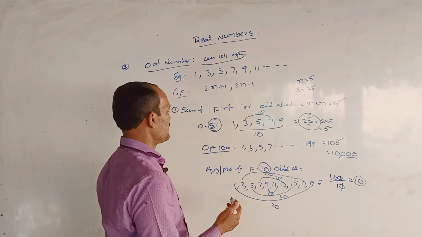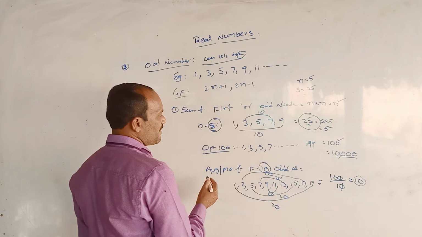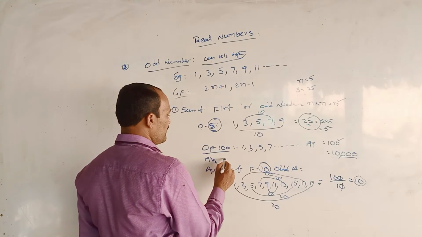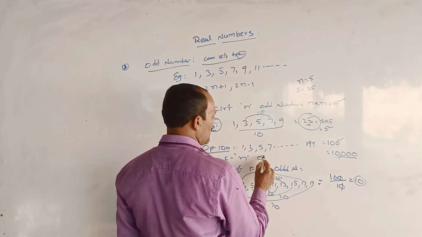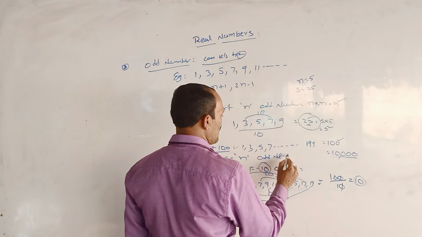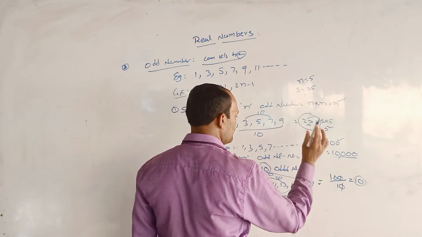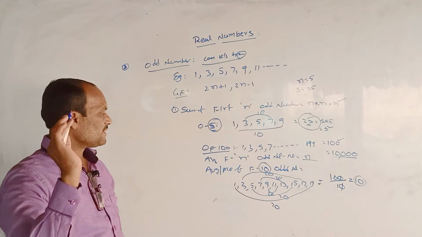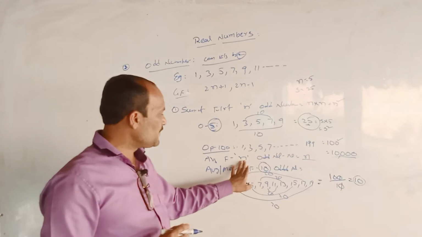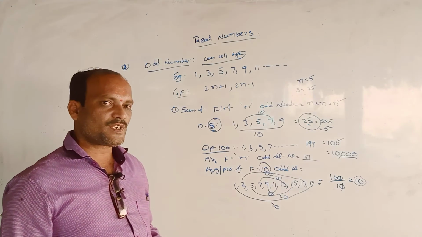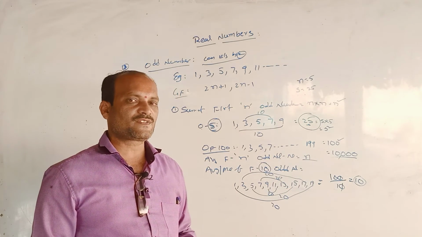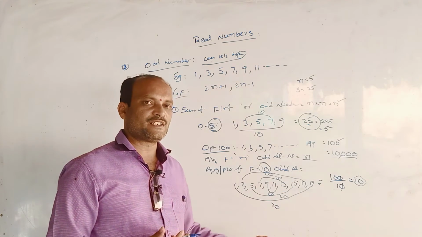That's like the average of first n odd natural numbers is equal to n. The average of first 50 odd numbers is equal to 50. The average of first 2000 odd numbers is equal to 2000.